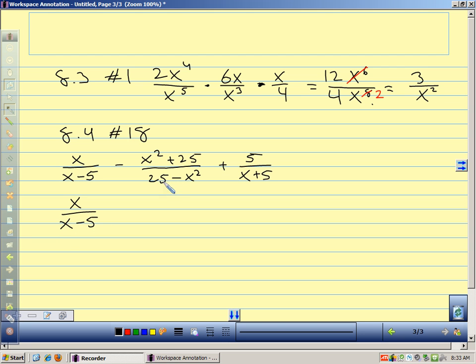And if I factor out a negative 1 down here like we did in our other example, I'm going to write this as x squared plus 25 over negative 1 times x squared minus 25, plus 5 over x plus 5.